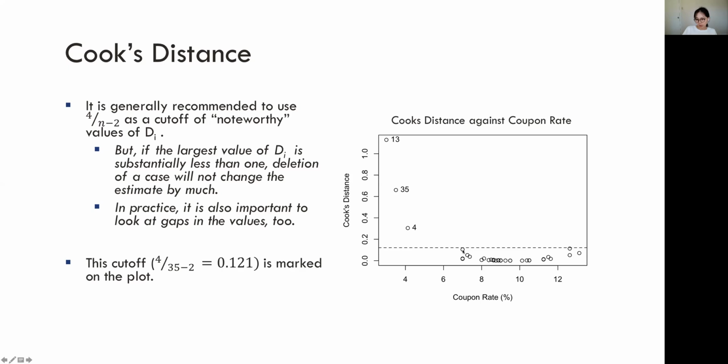For example, if most of them are really small, close to 0, but there is one really high, then that's definitely a noteworthy point. Using this cutoff is just a general rule to determine if some point is suspicious. You should take a further look at them.